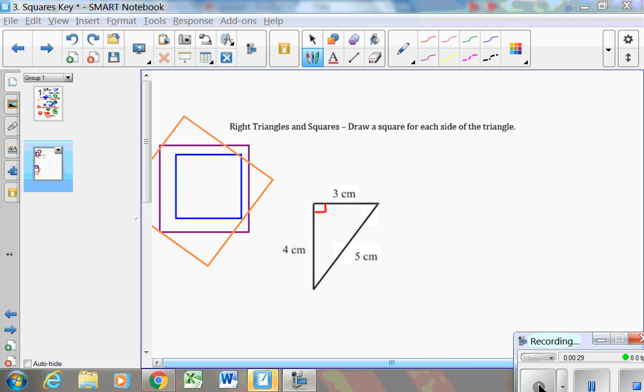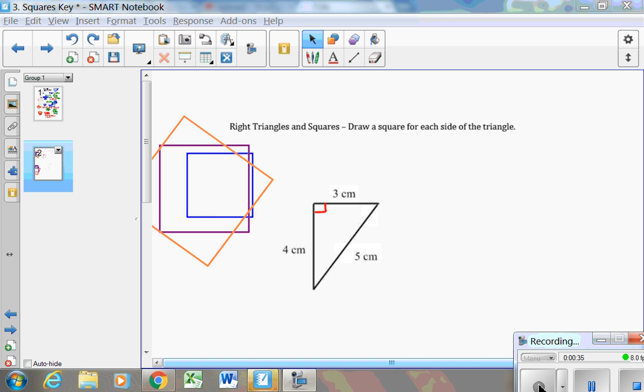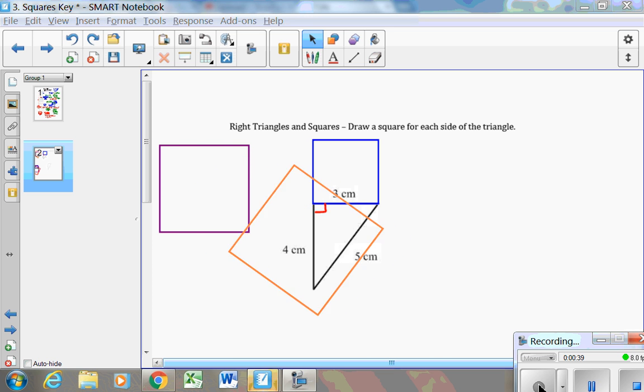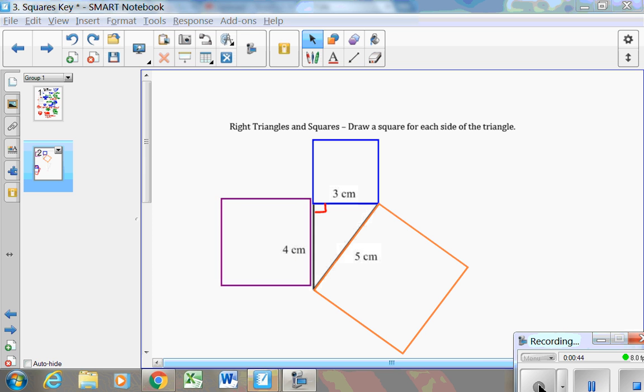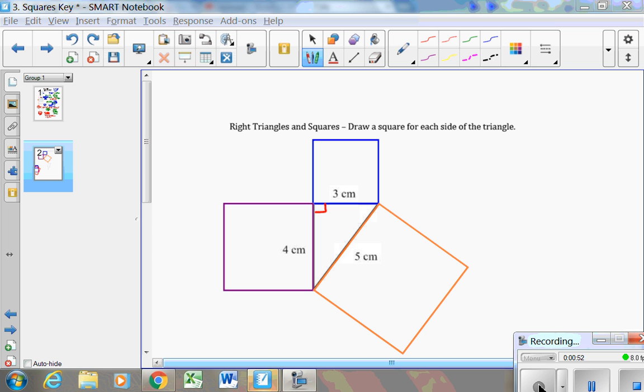Now I went ahead and drew some squares, but I'm going to ask you to sketch some squares that fit on each side of our triangle. So I want us to draw a square off of each side of the triangle. The blue square is going to be 3 centimeters by 3 centimeters.